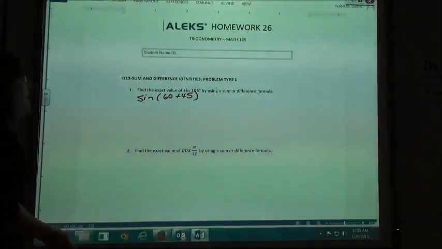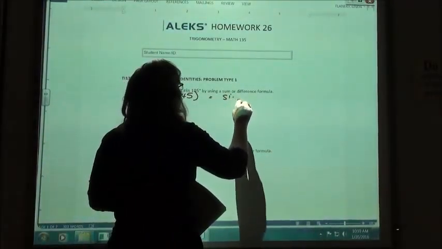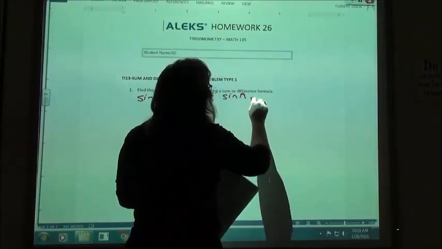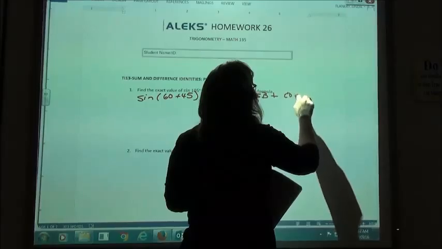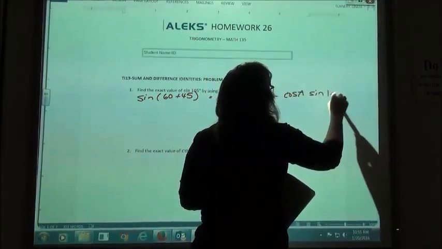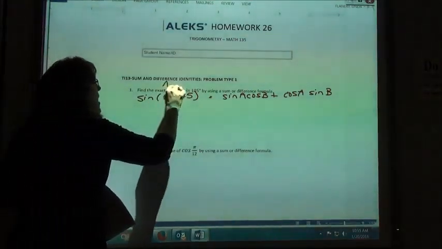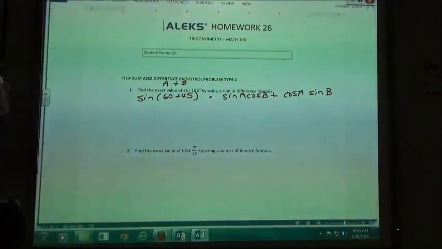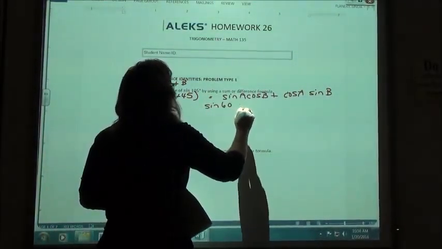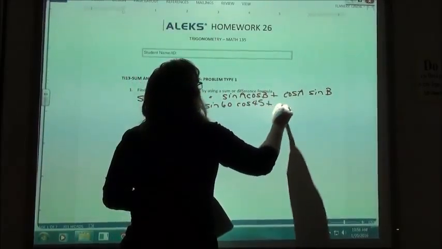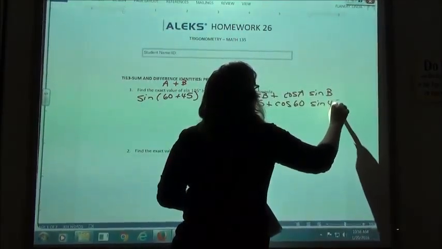Using the sine of A plus B formula, I'm going to have the sine of A cosine of B plus cosine of A sine of B. So I'm going to do the sine of 60 cosine of 45 plus cosine of 60 sine of 45.